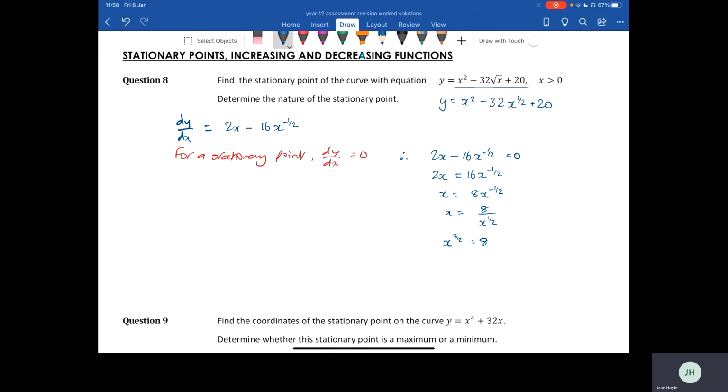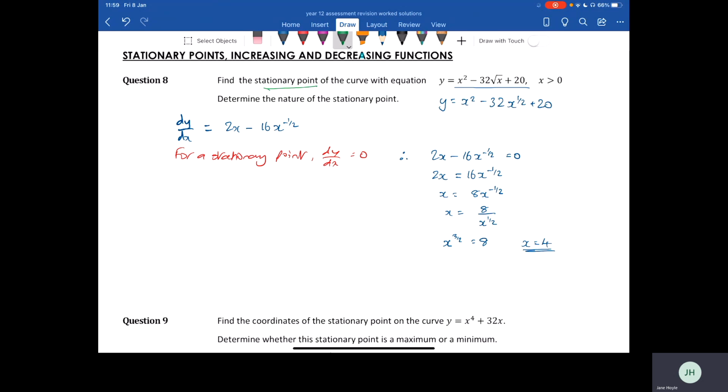If x to the power of 3 over 2 is equal to 8, then x is equal to 4. Because the square root of 4 is 2, and then 2 cubed gets me an answer of 8. Okay, so that is the x value of my stationary point.